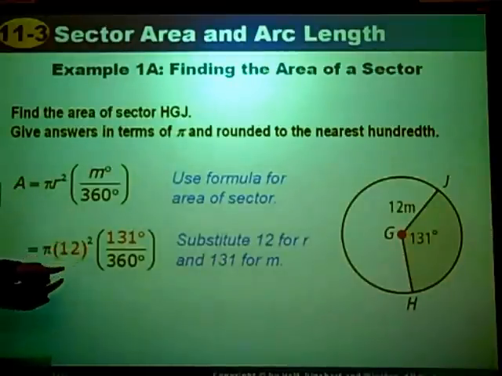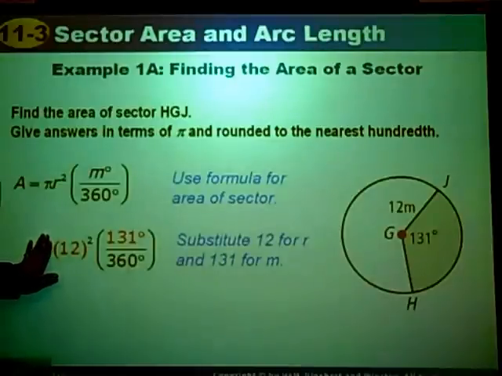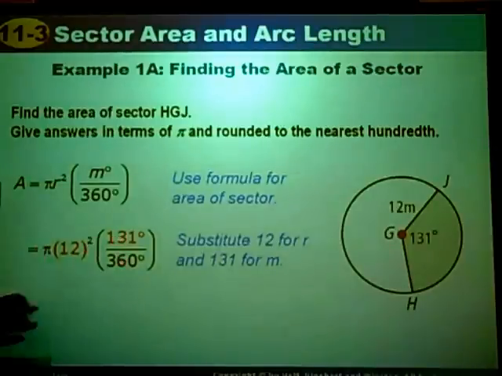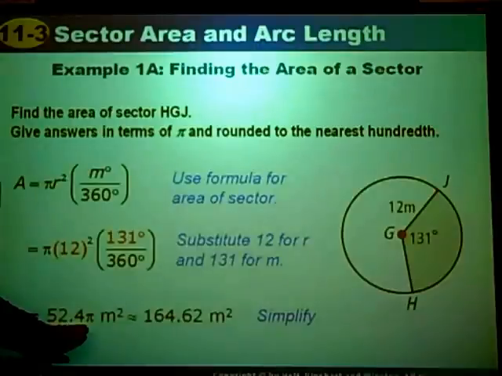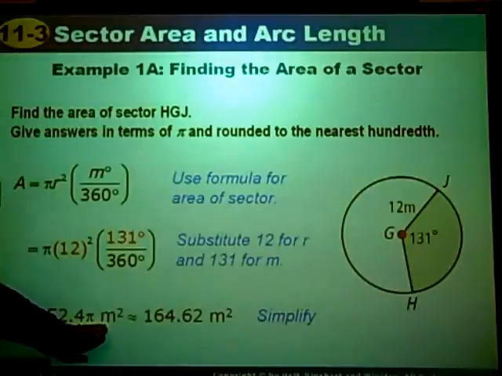Now I'm just going to calculate this out. In terms of pi, I'm not going to calculate pi itself. In my calculator, I'll write 12 squared times 130 over 360, and when I do that, I'll get 52.4 pi. And I see an m over there, so I know that's meters, so the area is going to be square meters. Then it says round to the nearest hundredth.